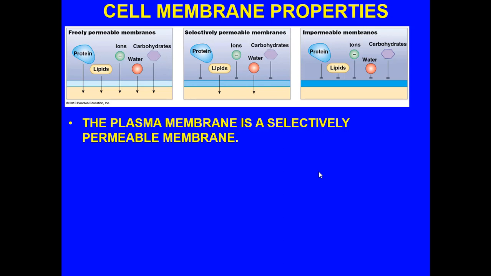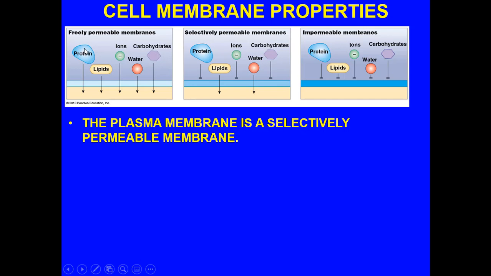Some of them are impermeable, nothing gets through. Freely permeable, everything gets through, or selectively permeable. Certain substances will get through. Plasma membrane is selectively permeable. If you notice, you have these different substances that vary in charge, size, and basically whether they're hydrophobic or hydrophilic.